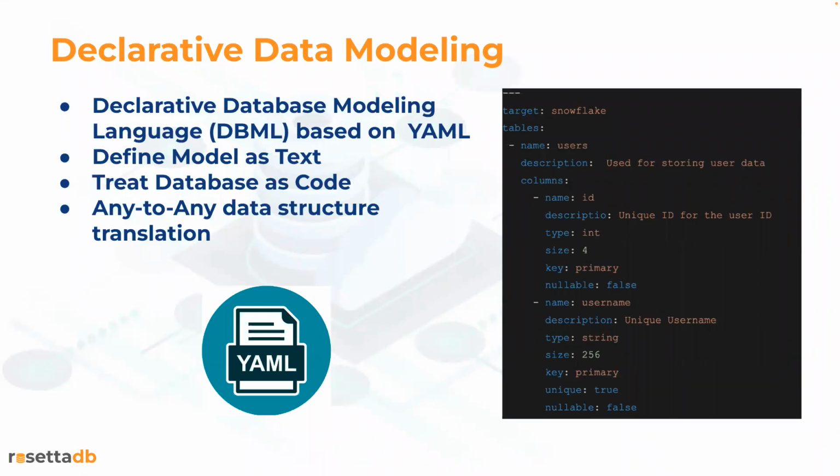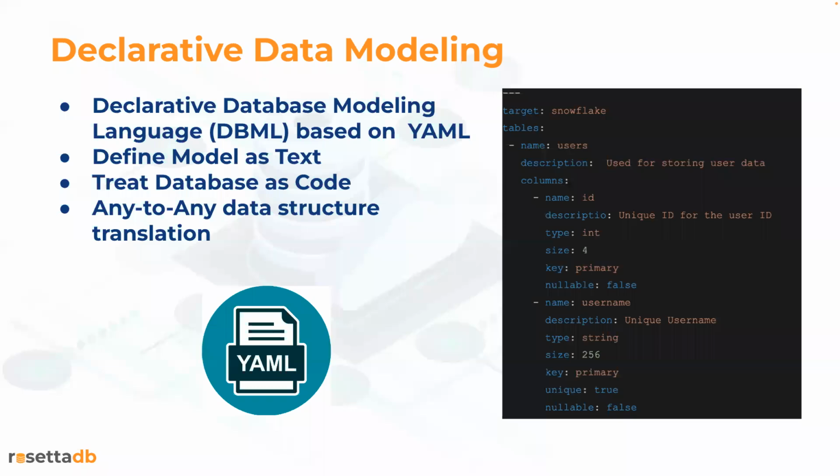This gives you some extra value because it allows you to treat your database as code. And on the other hand, this is our main functionality, which enables us to do data structure translation from one source to another.